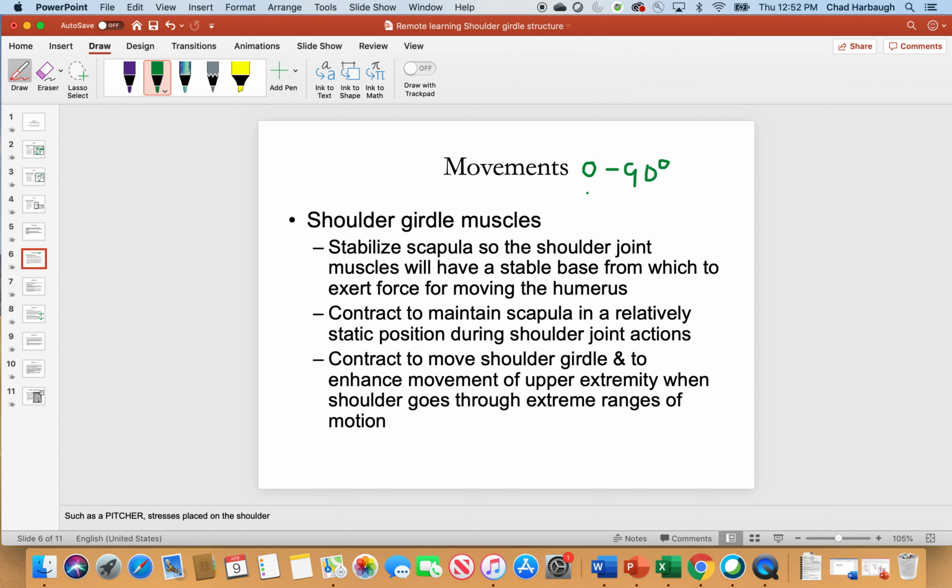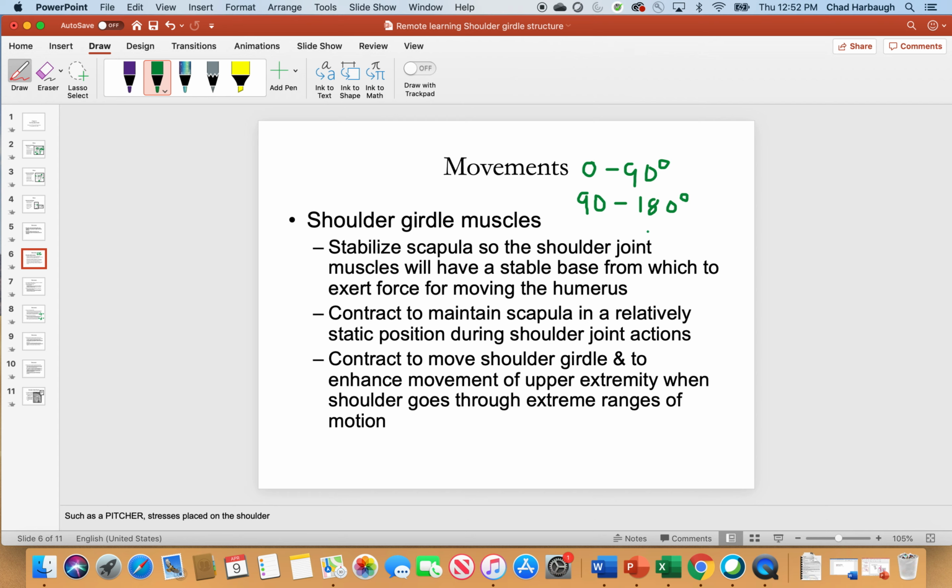Most of the shoulder girdle muscles are located in the posterior compartment, including the deltoid. We're looking at power muscles that allow ranges of motion to increase from 90 to 180 degrees. These shoulder girdle muscles are also important to help stabilize the shoulder joint when reaching overhead, for instance, like pulling things off of a high cabinet.